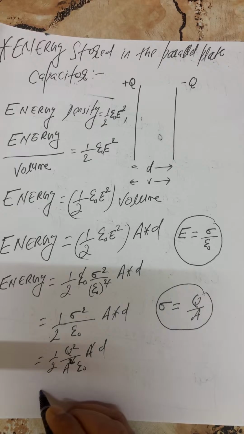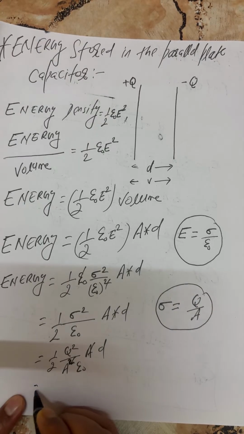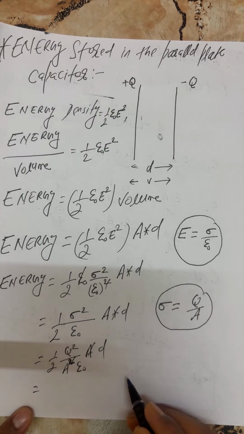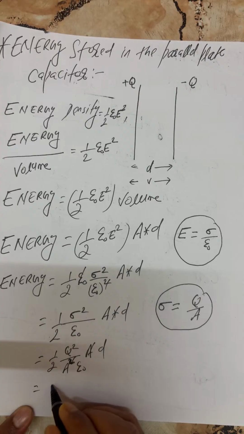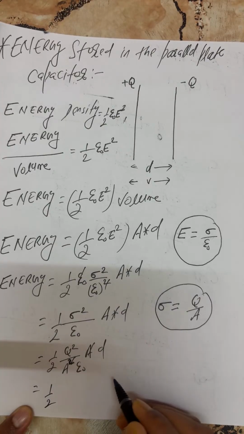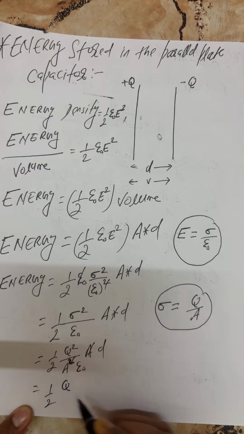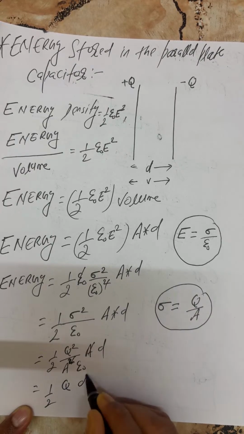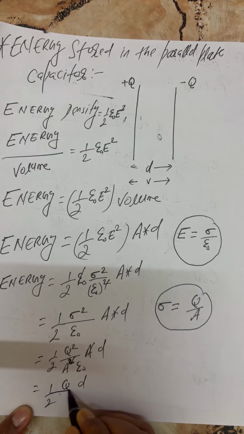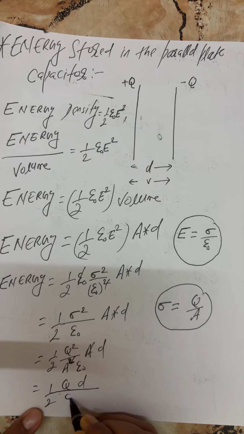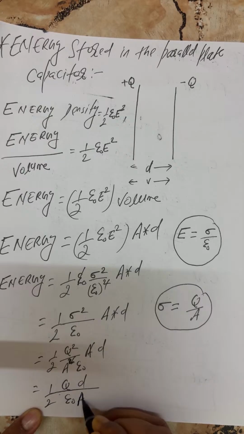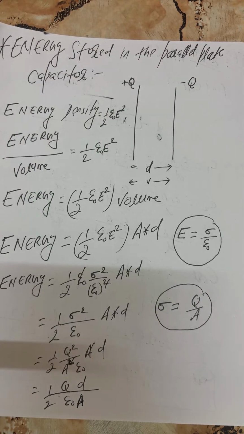So this is what, students, you can write further here: half Q square into D by epsilon naught into A.